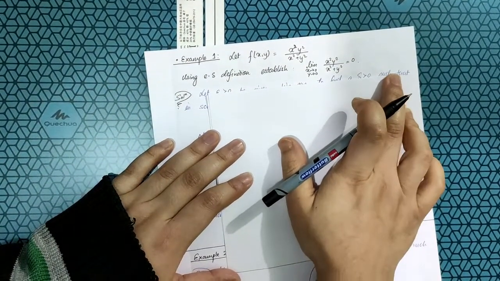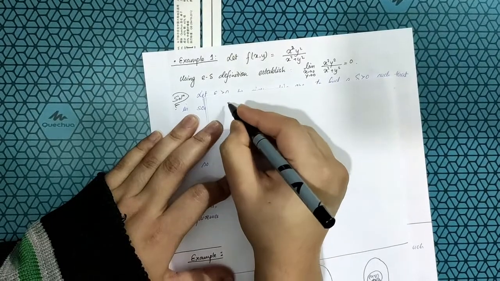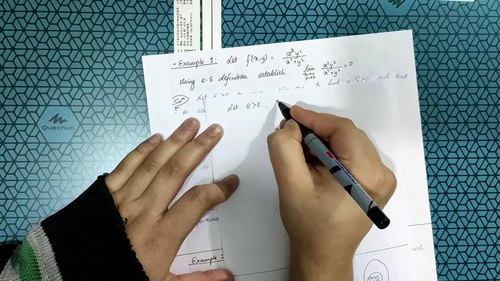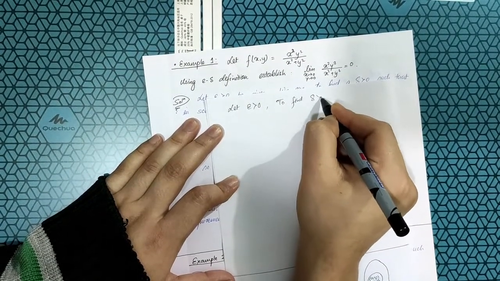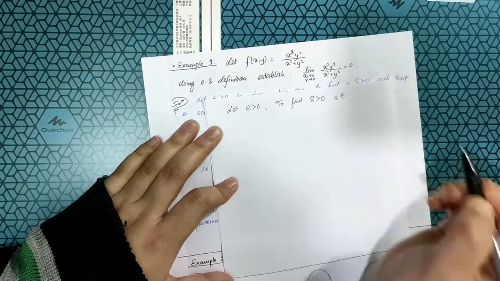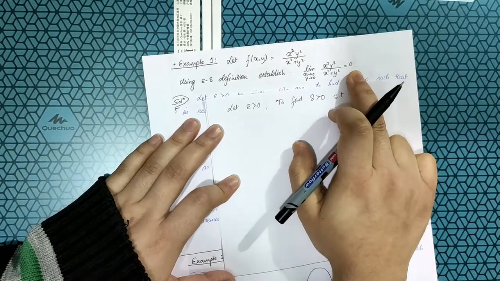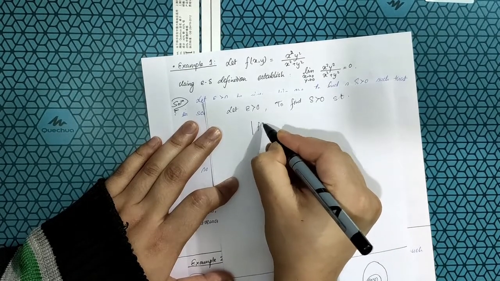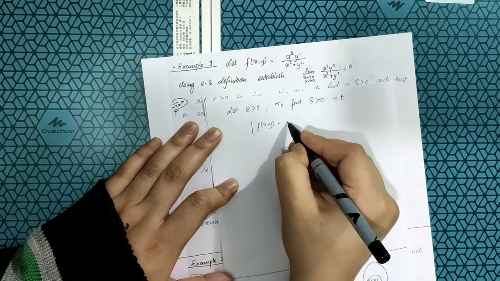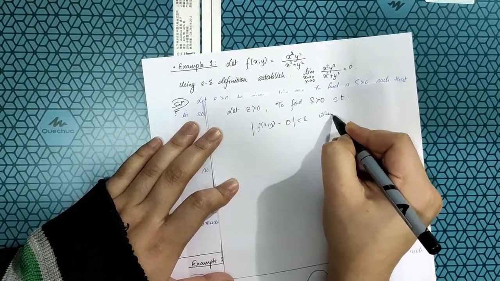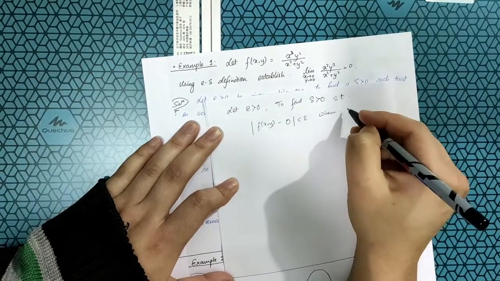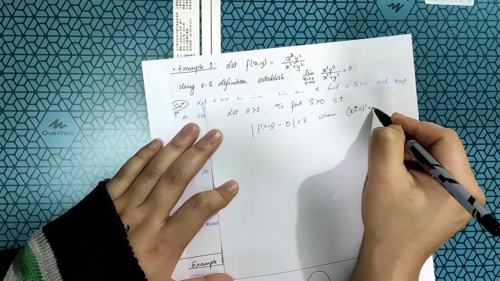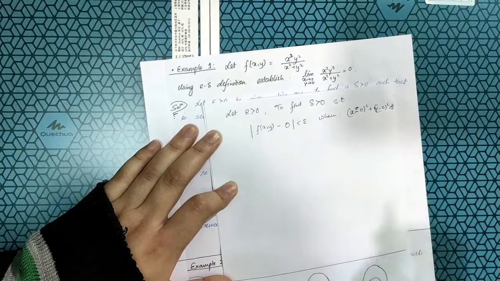So according to the definition, we first assume epsilon greater than 0, and for this we need to find a delta greater than 0 such that, if 0 is the limit, modulus of f(x, y) minus the limit, which is 0, is less than epsilon whenever we are in the delta neighborhood, that is (x minus 0) whole square plus (y minus 0) whole square is less than delta square.